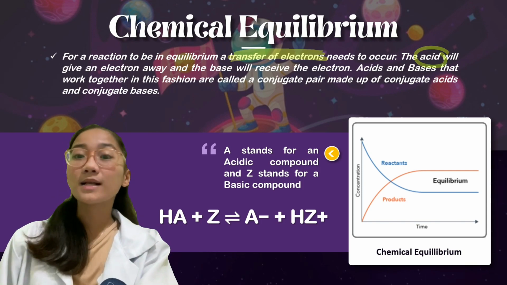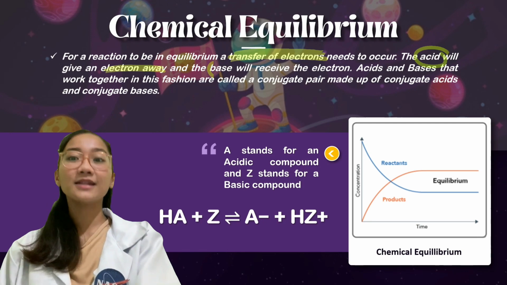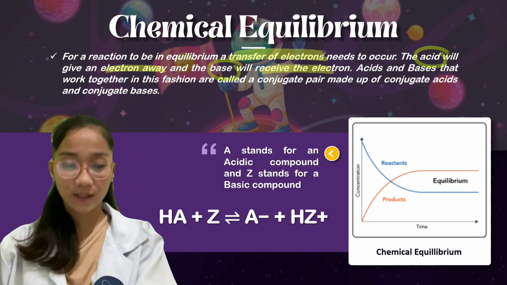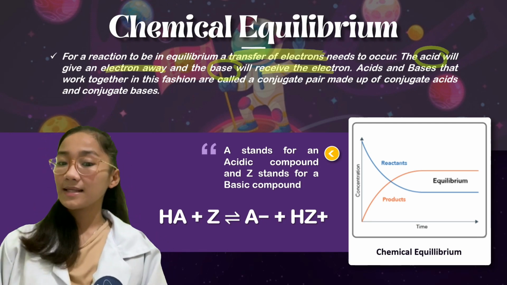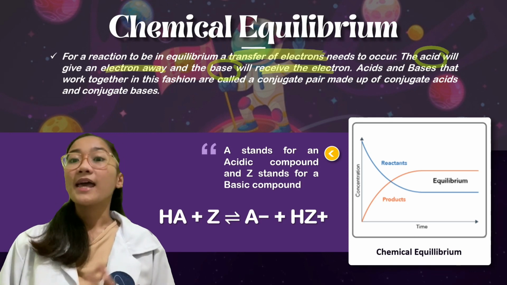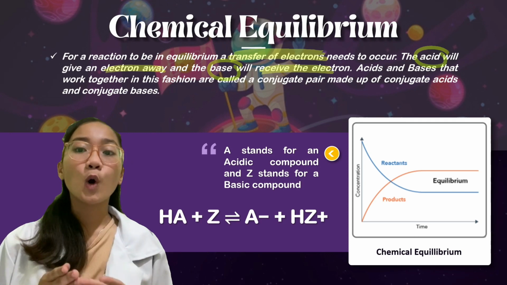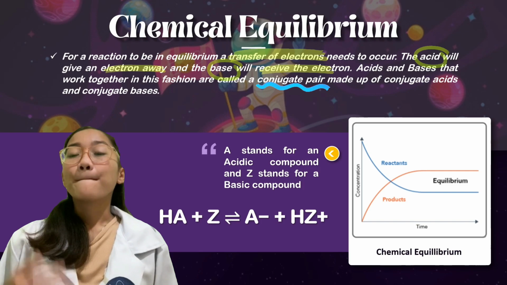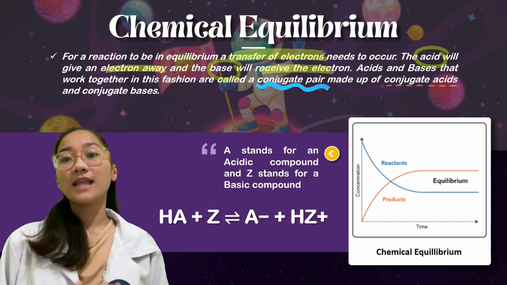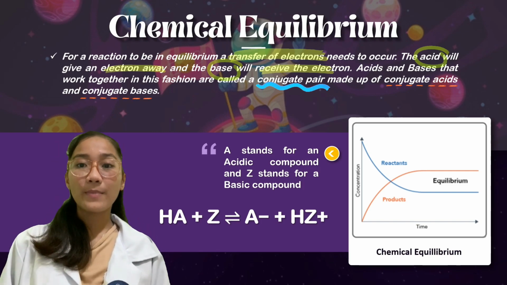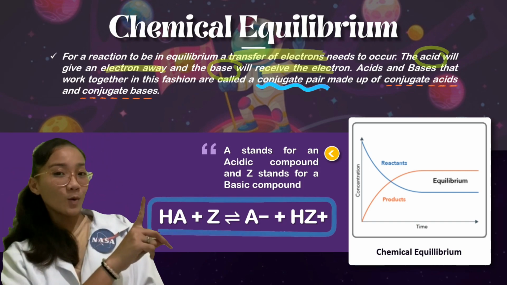The acid will give an electron away and the base will receive the electrons. Acids and bases that work together in this fashion are called conjugate pairs, made of conjugate acids and conjugate bases, such as this one.